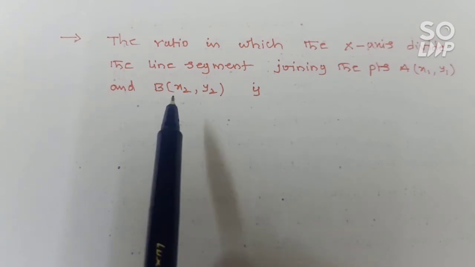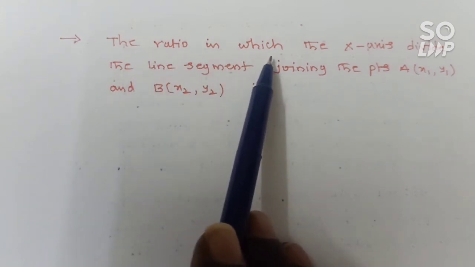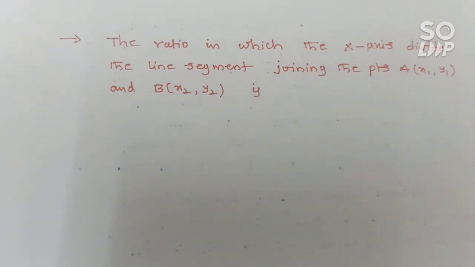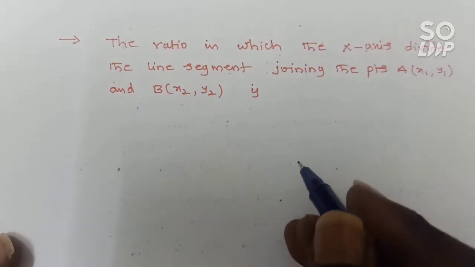What is the meaning of the statement? The ratio in which the x-axis divides the line segment joining the points A equals x1, y1 and B equals x2, y2.